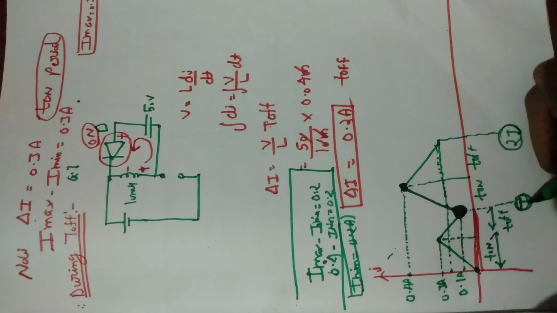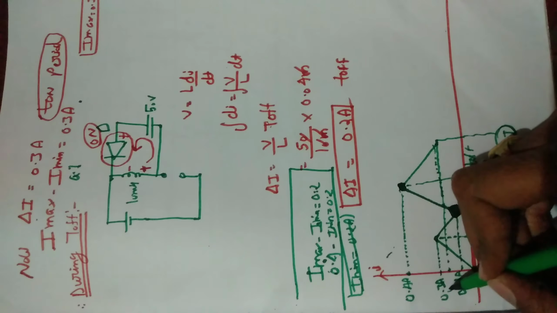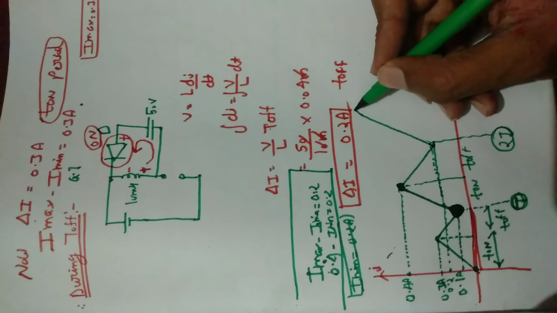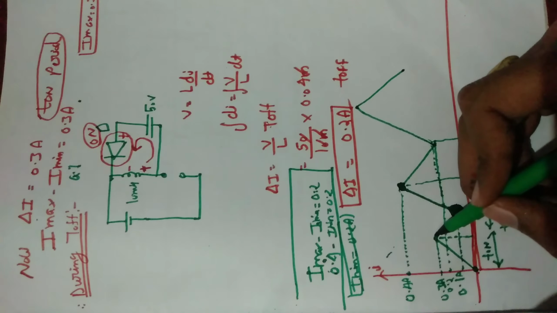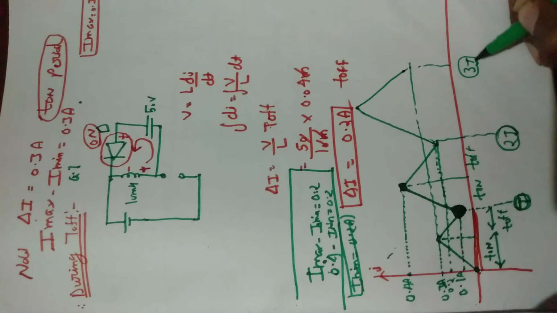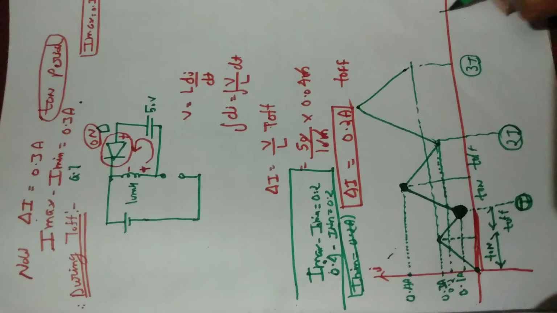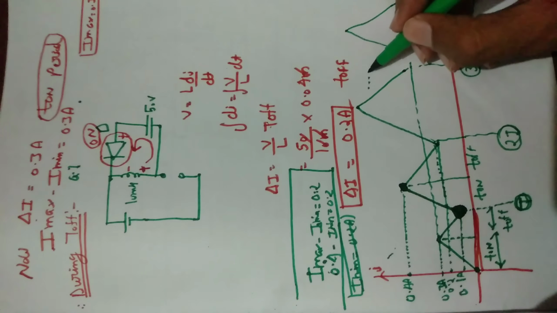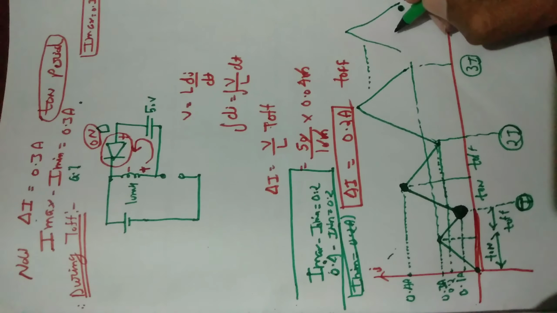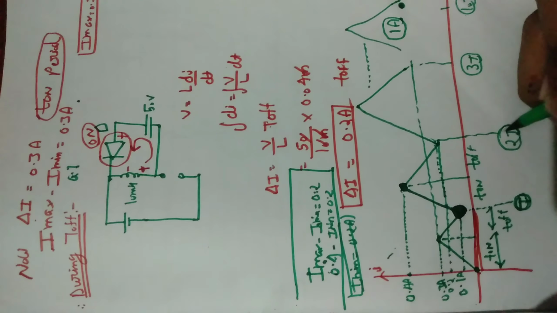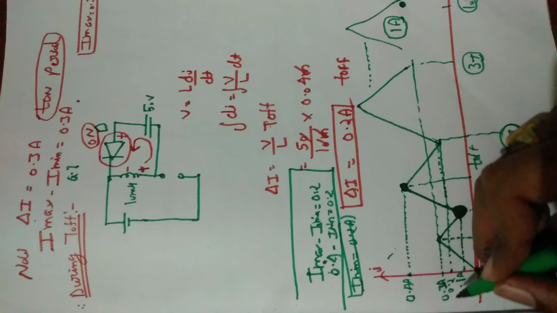One interesting point is here: at time T, 0.1 ampere is reached, at 2T, 0.2 ampere is reached, at 3T, 0.3 ampere is reached.